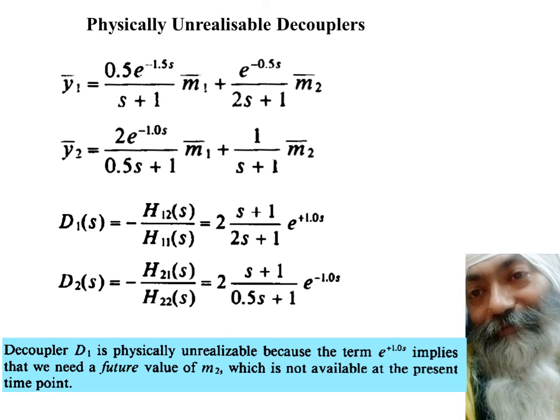So all decoupling is not possible because of a number of issues. First issue is that the process is not known to us. Second issue is that the process may be changing all the time, so we have to go in for some kind of adaptive methods. And the third and main reason why a decoupler may be physically unrealizable is that it requires the future value of M2, that is the disturbance, the one which has not occurred, and we want to anticipate what the disturbance will be.